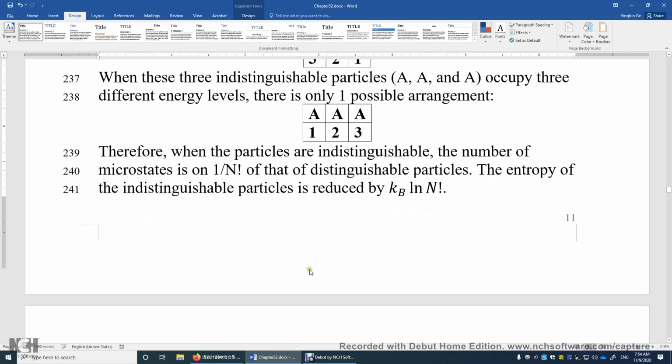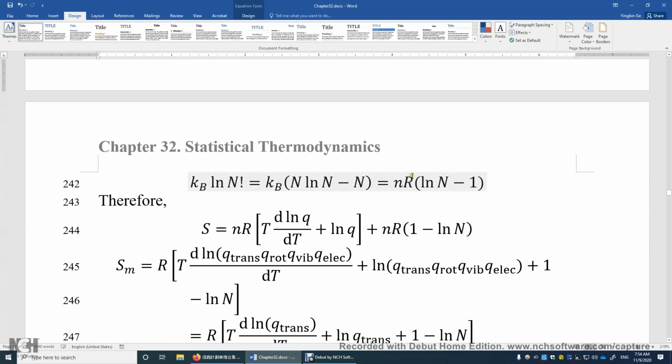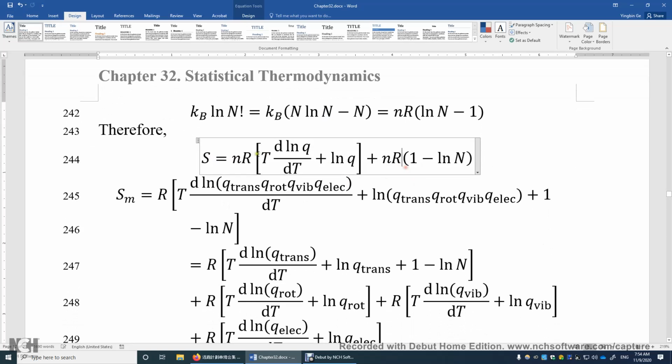So that's why. All right, so we have this equation here for k_B times the logarithm of n factorial. This is just Stirling's approximation, and then we get this formula here. Now this part is for distinguishable particles, and this correction is for indistinguishable particles.